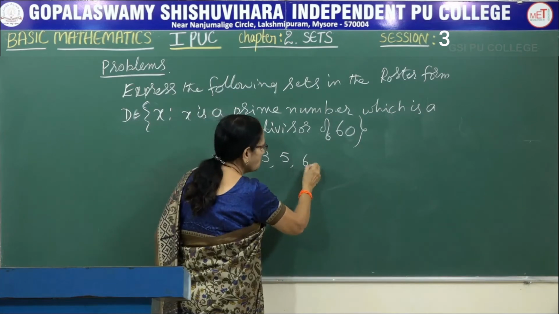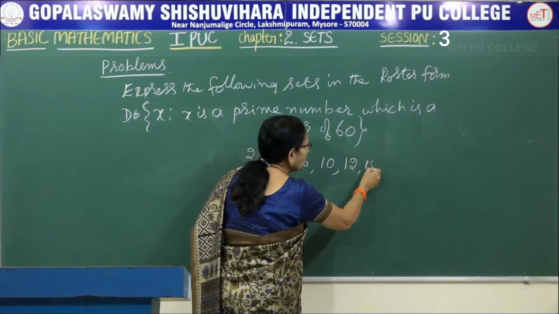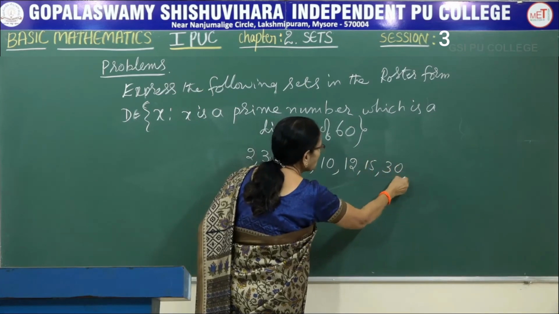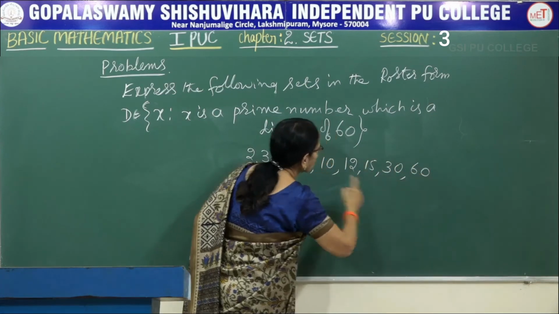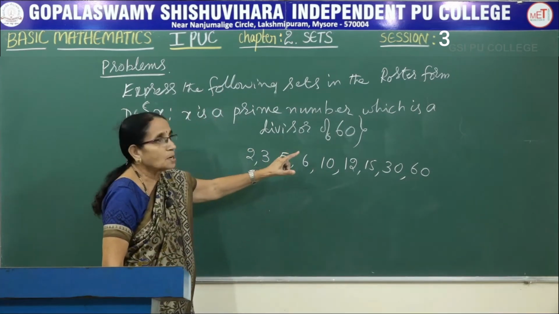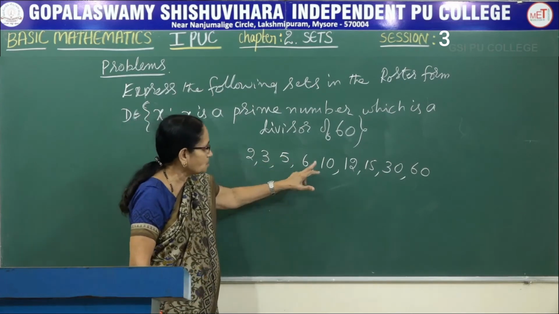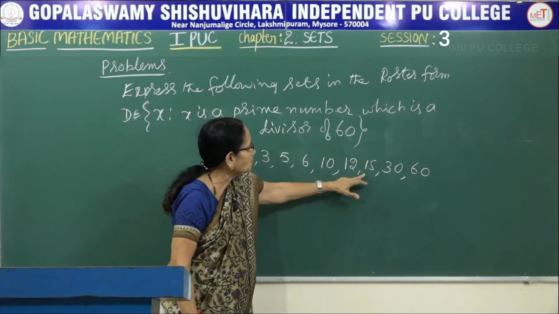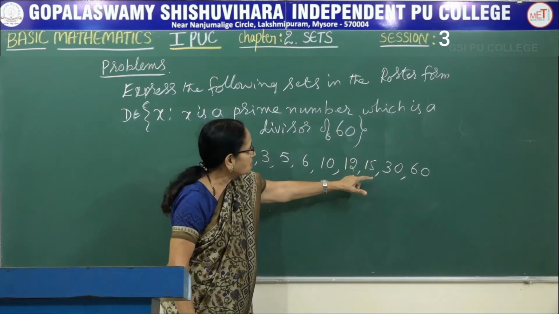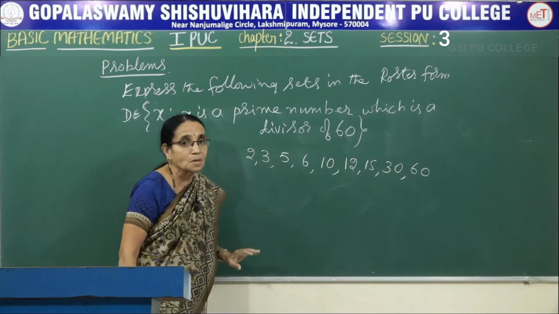And then 6, 10, 12, 15, 30, and 60. These are the divisors of 60. 2 30s are 60, 3 20s are 60, 5 12s, 6 10s, 10 6s, 12 5s, 15 4s, 30 2s, and 60 1s. So all these numbers divide the number 60.